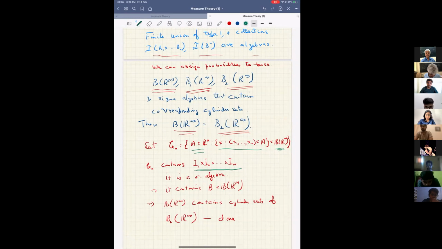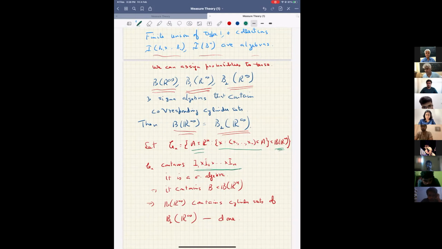And then you can see that this Cn is going to be a sigma algebra. If A is in it, A complement is going to be in it, because corresponding to A, you get a set in B of R infinity. B of R infinity is a sigma algebra, so its complement is also going to be in B of R infinity. And that's also going to be a cylinder set, and that will correspond to A complement here.